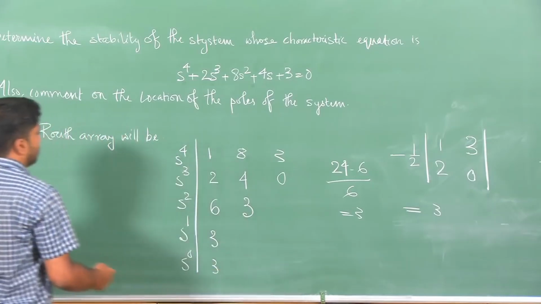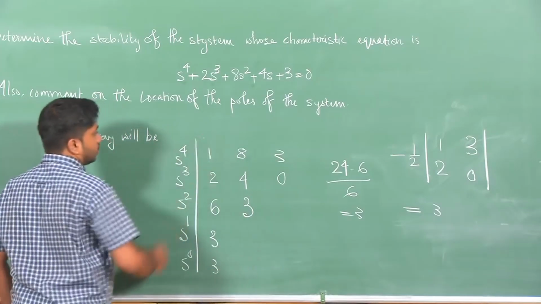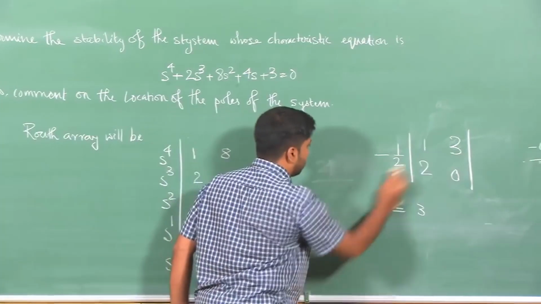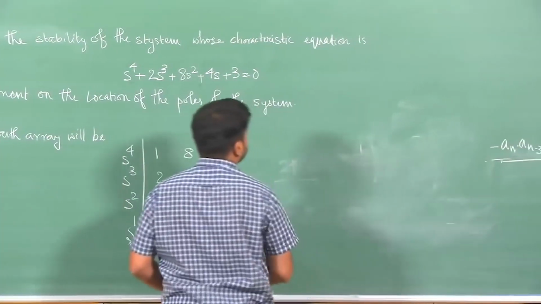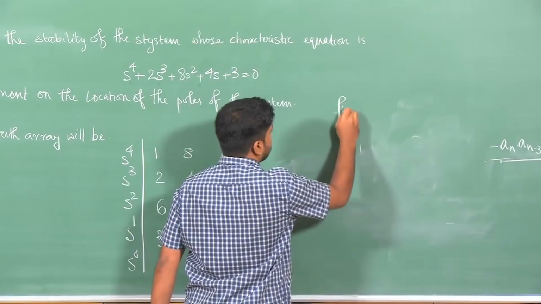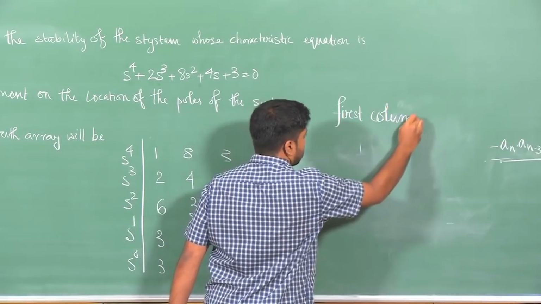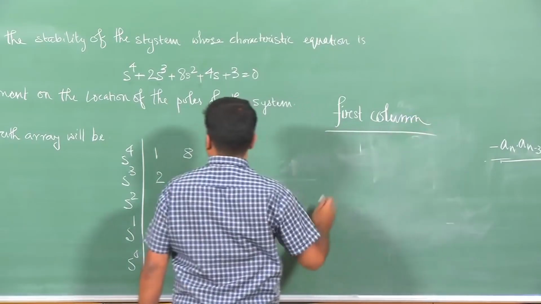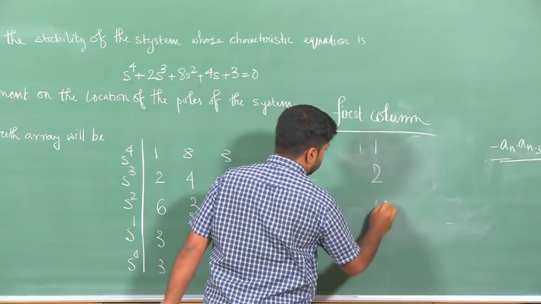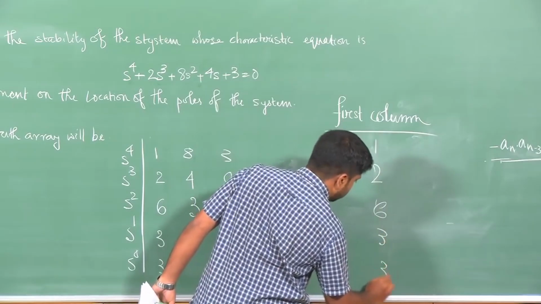So, we see that there is no sign change. Let us write the first column only. So, the first column is 1, 2, 6, 3, 3.